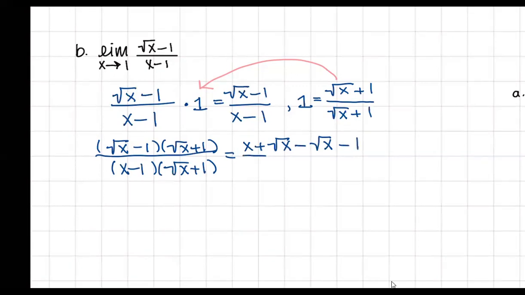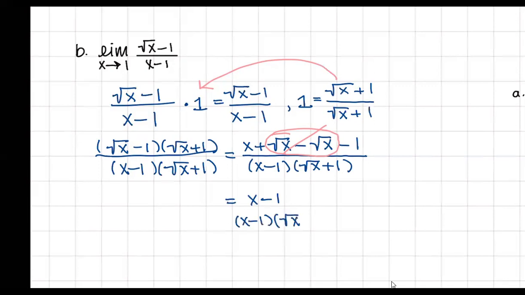I'm going to leave my denominator alone. That's a pro tip for you right there. And now I see that these two central terms are going to cancel out. Those cancel out, and I'm left with x minus 1 on top divided by x minus 1 times root x plus 1 in my denominator.